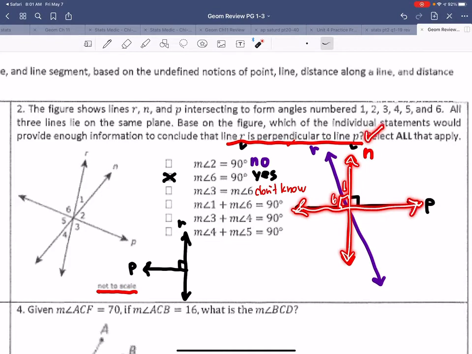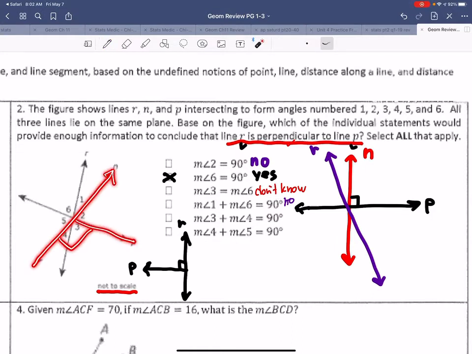So this would be a no. What if we made 3 and 4 90? Okay, so if 3 and 4 are 90, that forces N making this 90. And that's what we have here. N is perpendicular to P. But that's not what we're looking for. We're looking for R perpendicular to P. So this is going to be a no.